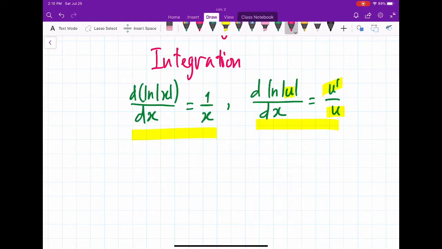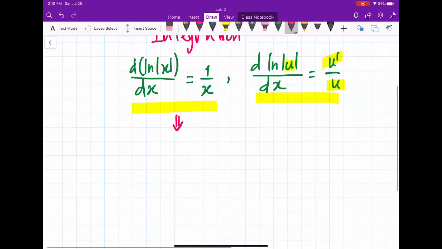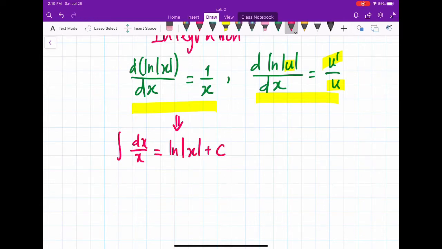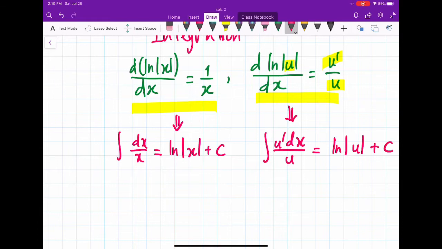From here, as we know from calculus 1, if you apply integration, you have the following. Antiderivative of dx over x is equal to ln of absolute of x plus c. And from here, we have antiderivative of u prime dx over u equal to ln of absolute of u plus constant.